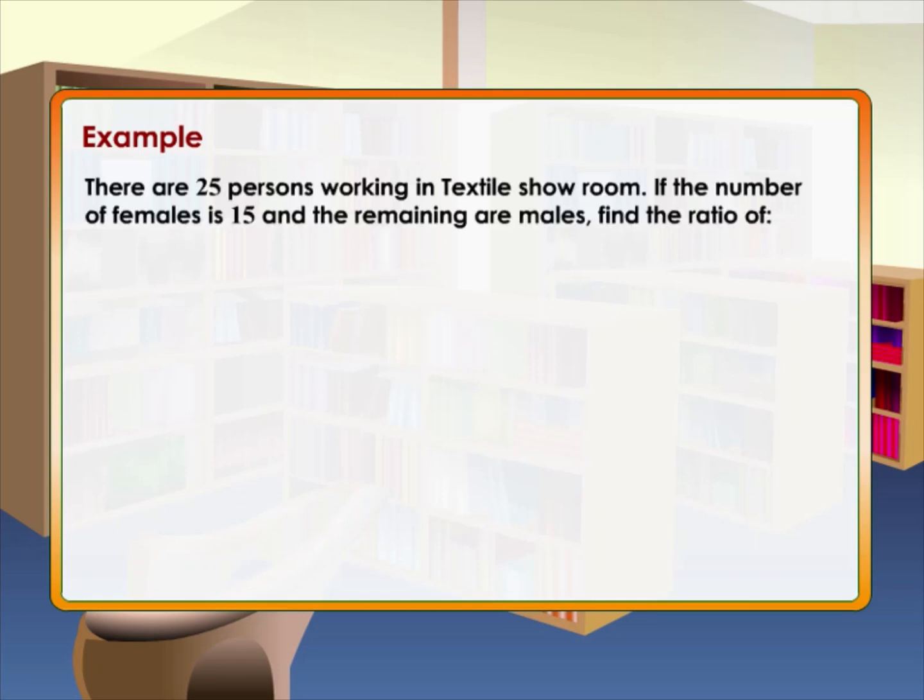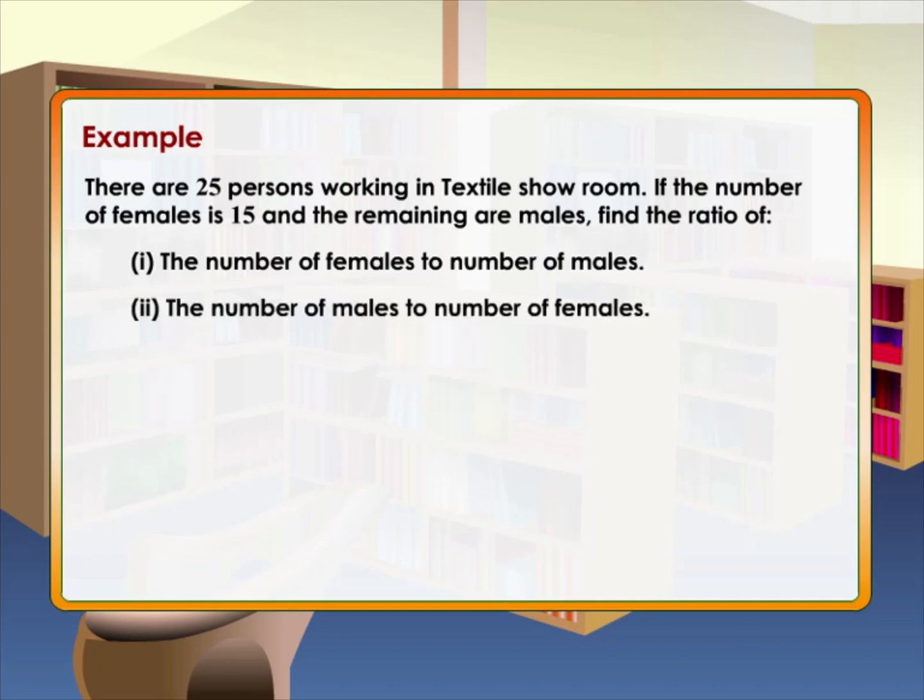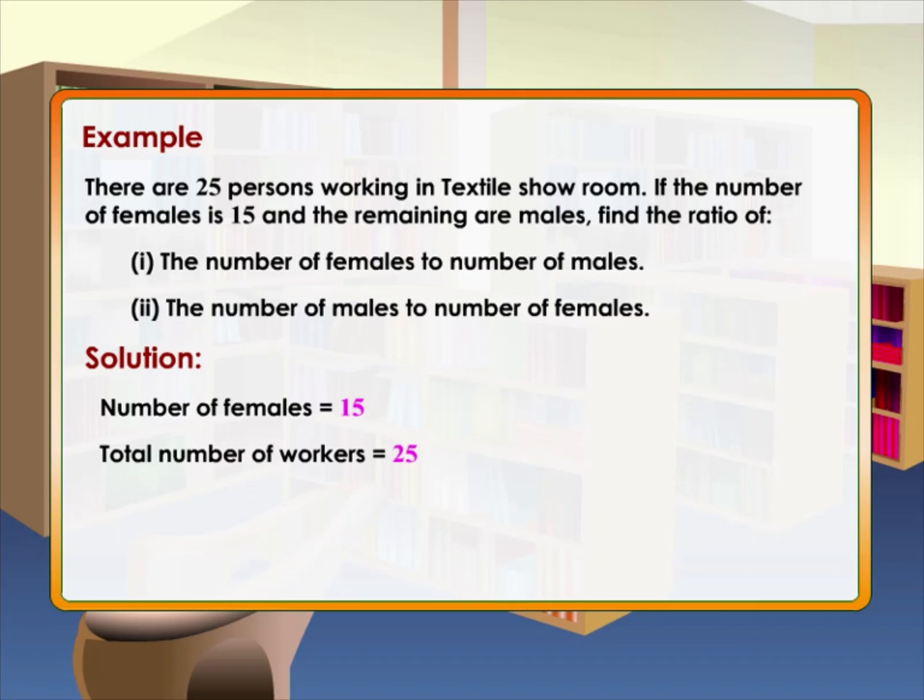There are 20 persons working in a textile showroom. If the number of females is 15 and the remaining are males, find the ratio of the number of females to number of males and the number of males to number of females. Given, number of females is equal to 15. Total number of workers is equal to 25.